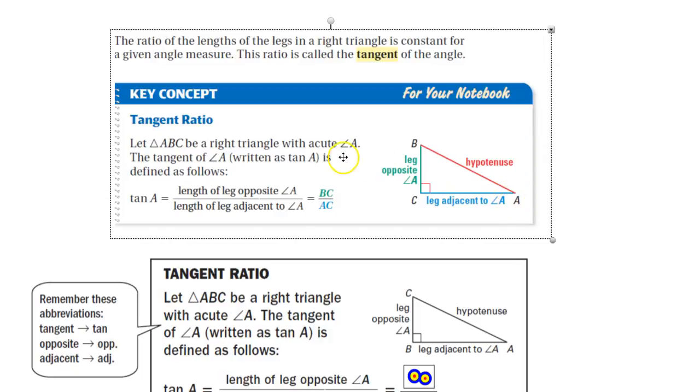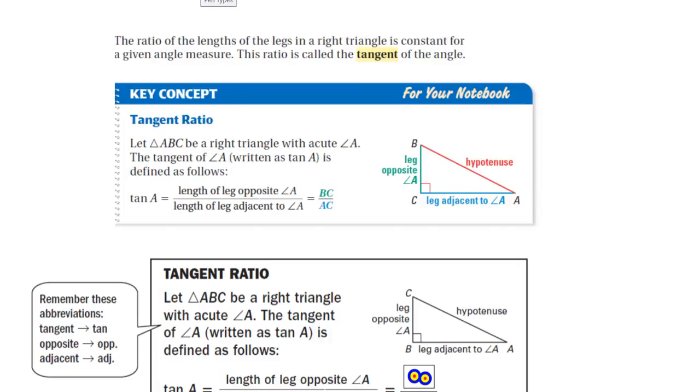In short, the tangent ratio of an angle is the length of the opposite leg over the length of the adjacent leg. Let me write this down. If we were referring to angle B, what's the tangent ratio for angle B?